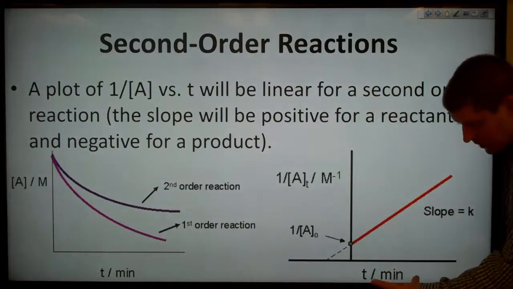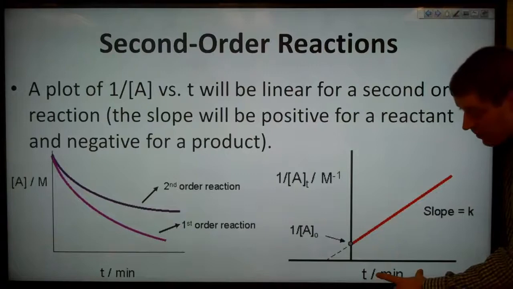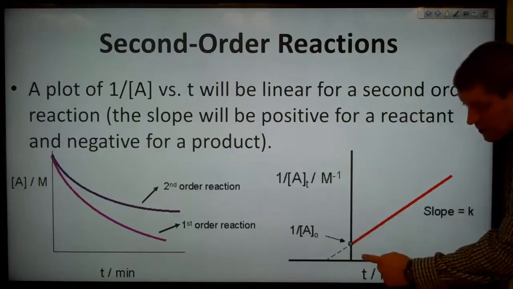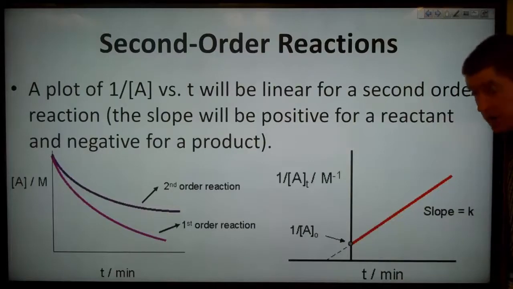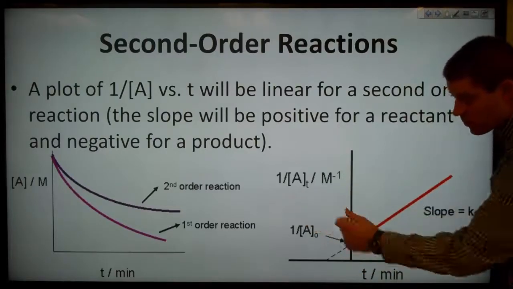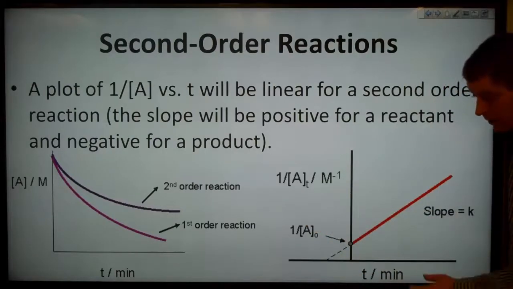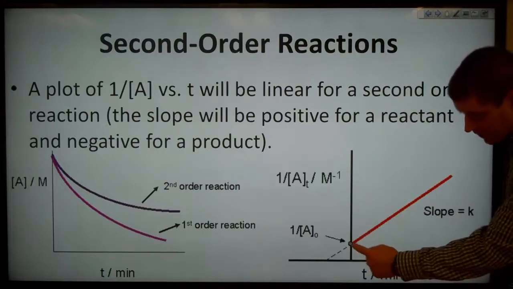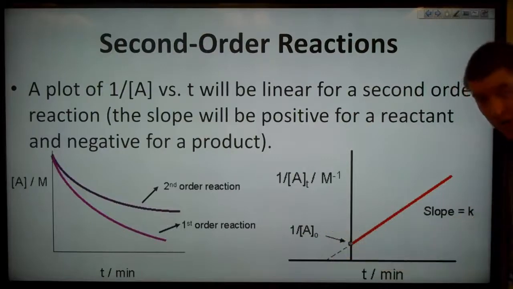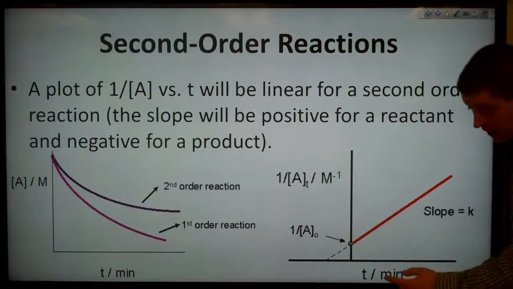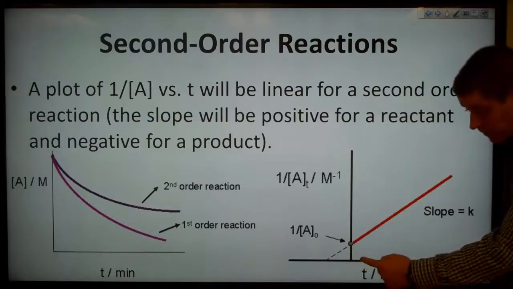If now we still leave time as our bottom axis, but on the vertical axis, the y-axis, we have the inverse of concentration. So we're plotting 1 over the concentration of A at each time. So down here, the intercept is 1 over our initial concentration, because again, we're at time equals 0.